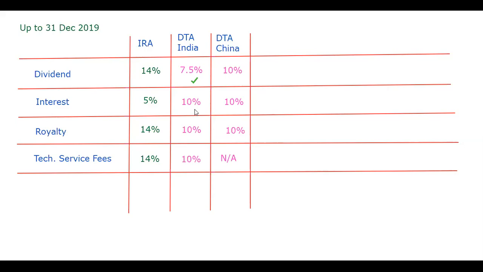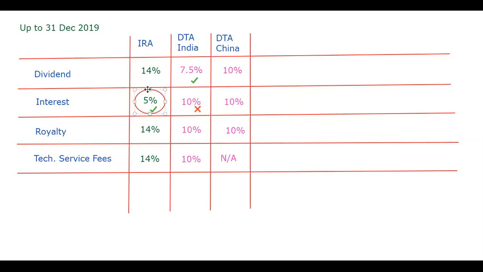Are we going to apply 10%? No, we are not going to apply 10%, because it is more beneficial to apply the IRA. Keep it in your mind. If the IRA says 5%, why would we apply 10% as per the DTA? The principal law is the Inland Revenue Act.